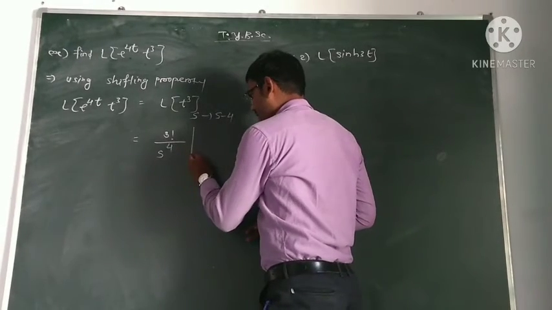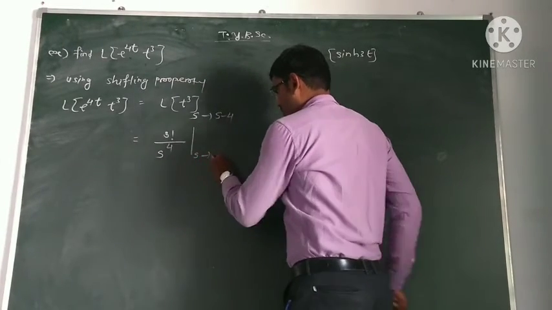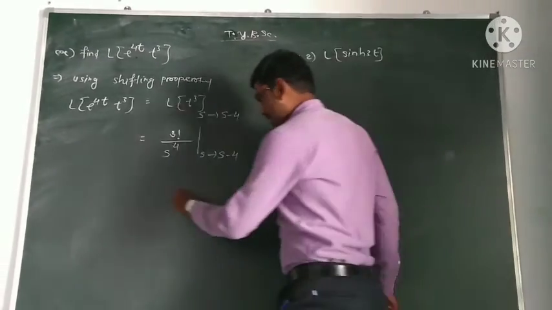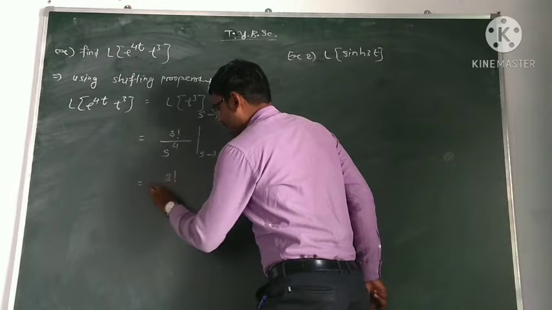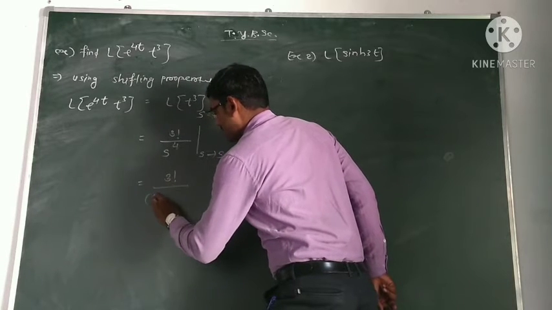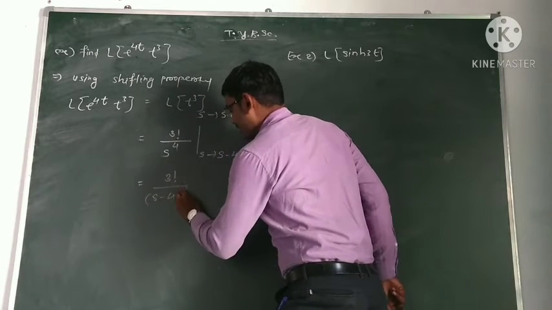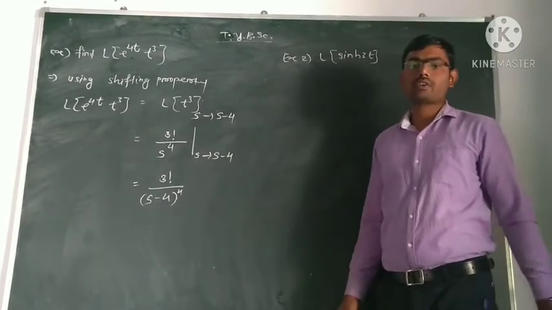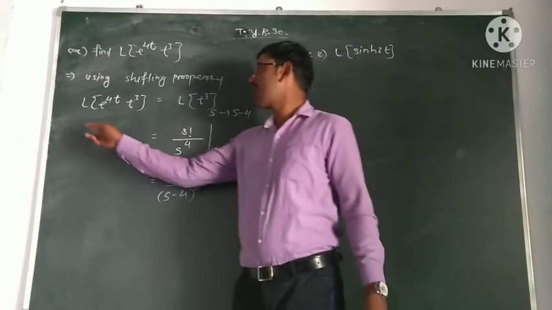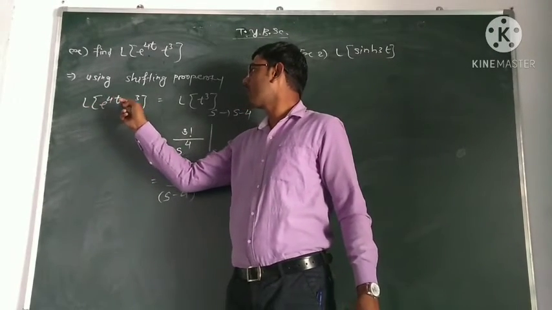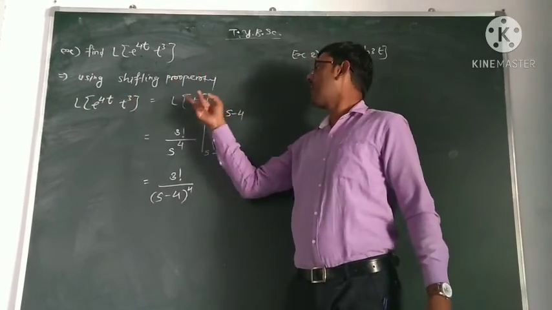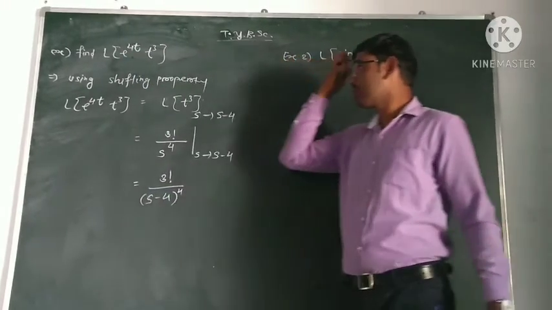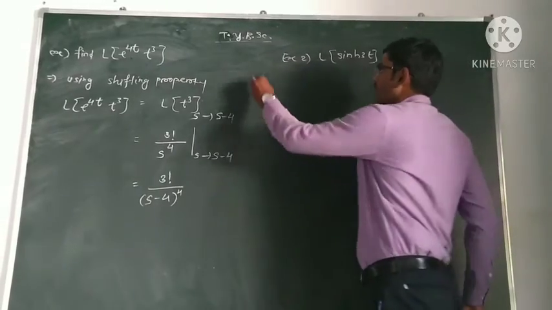So the answer is 3 factorial upon (s minus 4) raised to power 4. This is the application of the shifting theorem. You find the Laplace transform of e raised to power 4t into t cube just by knowing the Laplace transform of t cube.